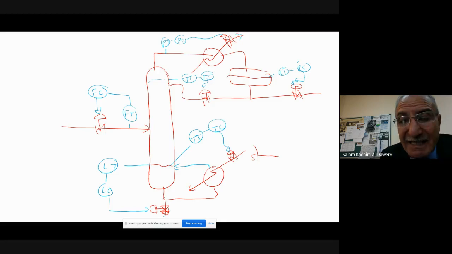As you can see here, every control element or feedback control consists of, in addition to the process, 3 instruments. One is the measurement, the other the controller, and the other is the control valve.